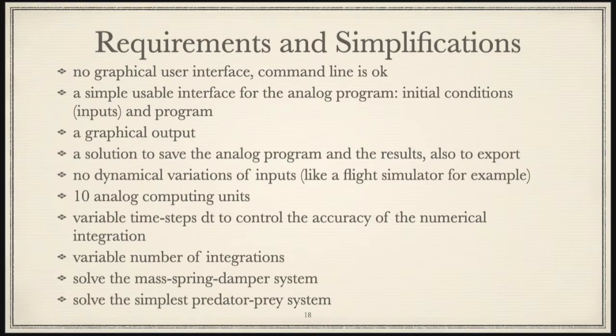No dynamical variation of inputs, like a flight simulator for example. 10 analog computing units. Variable time steps dt to control the accuracy of the numerical integration. Variable number of integrations. Solve the mass spring damper system. Solve the simple predator prey systems.